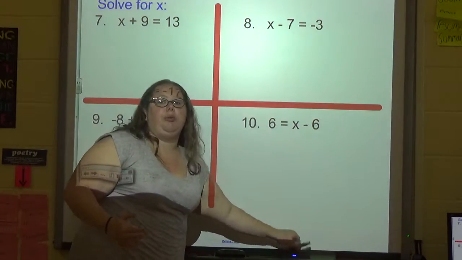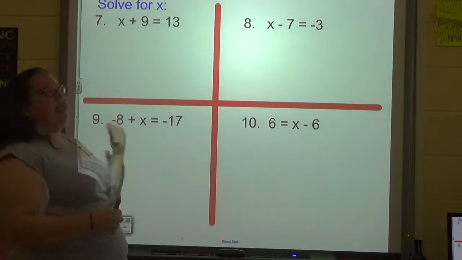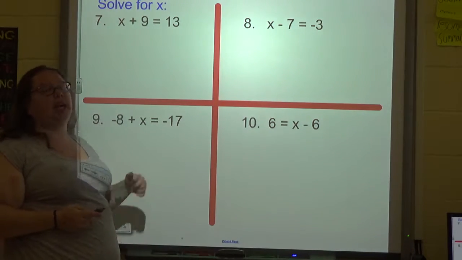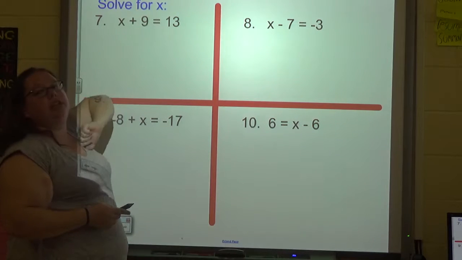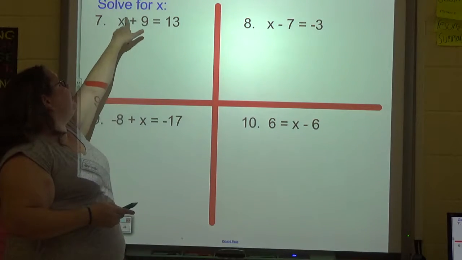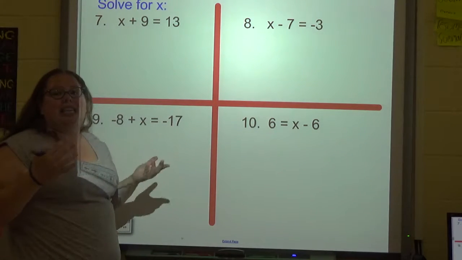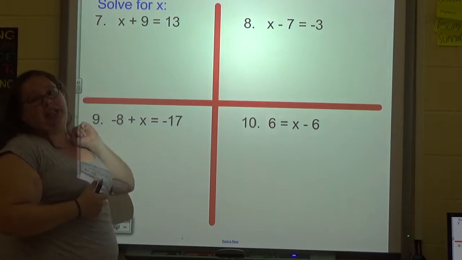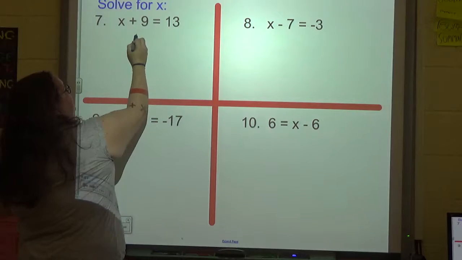So for here, what we're going to do is look at what's happening between x and that other number on the same side of the equal sign. X plus 9. So it's a plus 9, they're adding. So we're going to use the inverse. What's the inverse or opposite of adding 9? Subtracting 9.